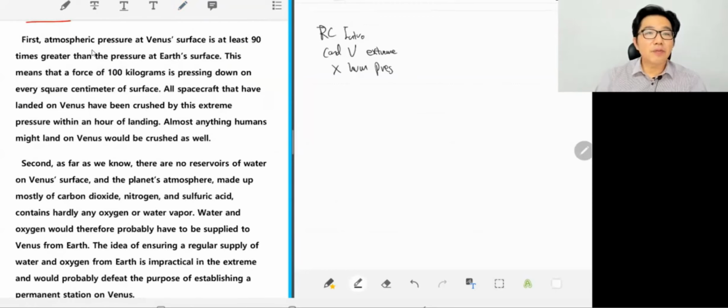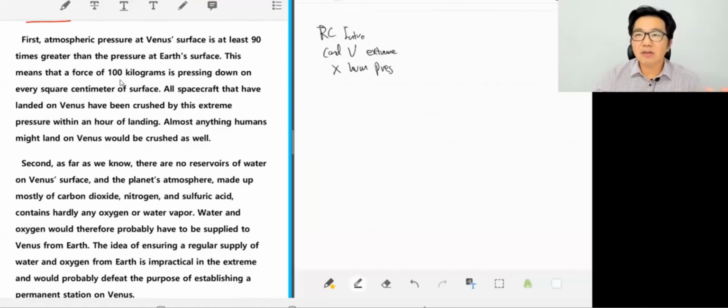First, atmospheric pressure at Venus surface is at least 90 times greater than the pressure at Earth's surface. So, too much pressure. It will just crush me down or push me down into the ground or break me. The atmospheric pressure will be just too much to bear, too much for me to live. This means, for example, a force of 100 kilograms is pressing me down on every centimeter of surface.